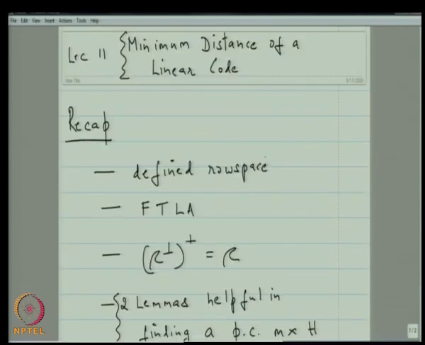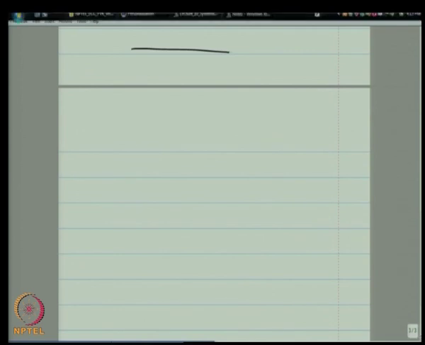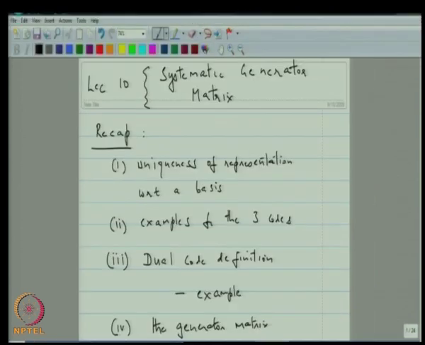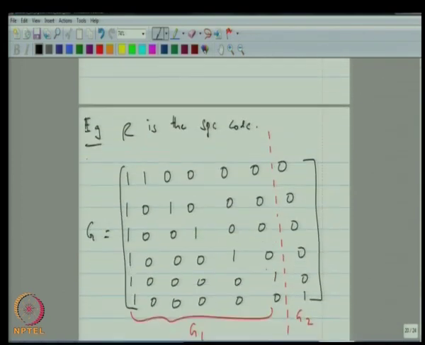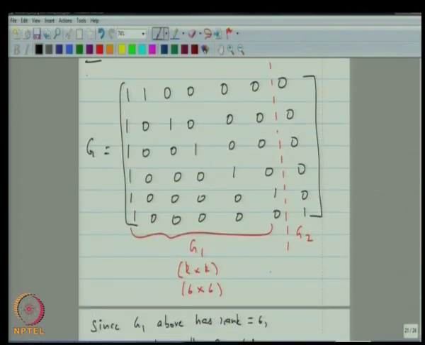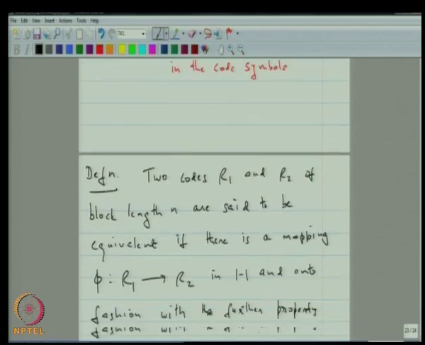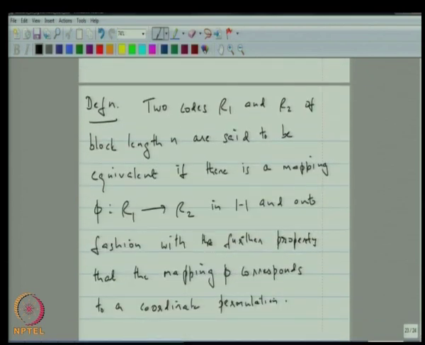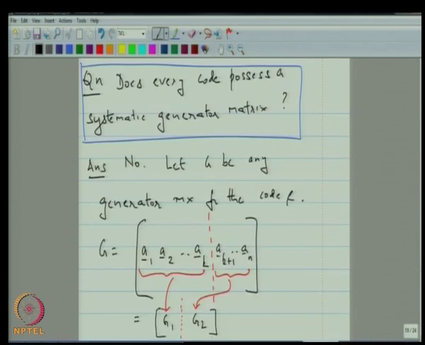which has the title of finding the minimum distance for a linear block code. Now, just taking a look back at the last lecture, towards the end what we actually said was, we were faced with the question, does every code possess a systematic generator matrix?